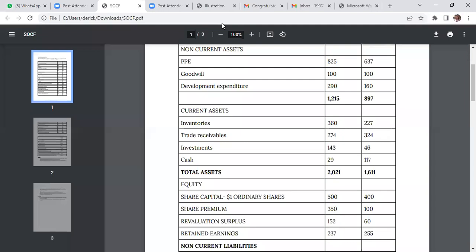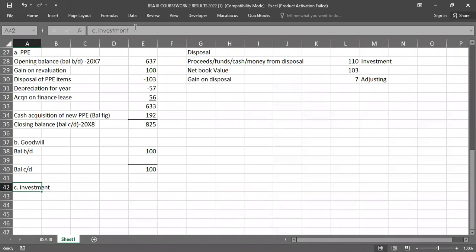So when you go to your working, C is development cost, not investment. Expenditure. Begin with the opening balance, brought down, which is 160.